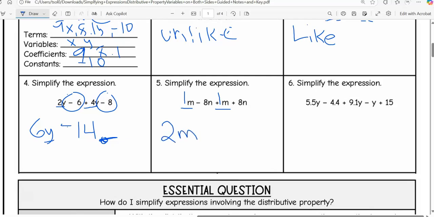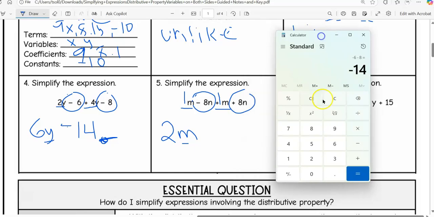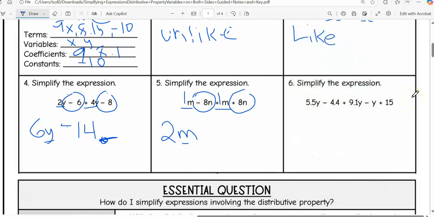Make sure you put the letter with it. The next one is -8n plus 8n. Put this in the calculator: -8 plus 8 is 0, plus 0. Then we'll do the last one, and then you can try the worksheet on your own.